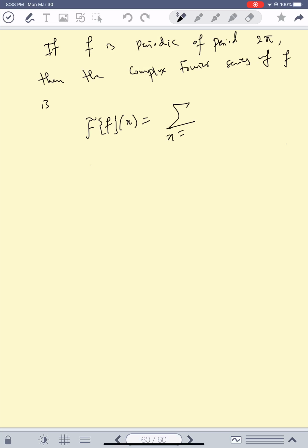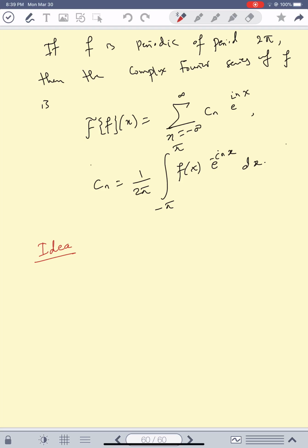Again, the advantage of writing the complex Fourier series is just having one form for the series. It's a very simple form with one form for all the coefficients. So this is 1 over 2 pi, integral minus pi to pi, f of x e to the minus i n x dx.